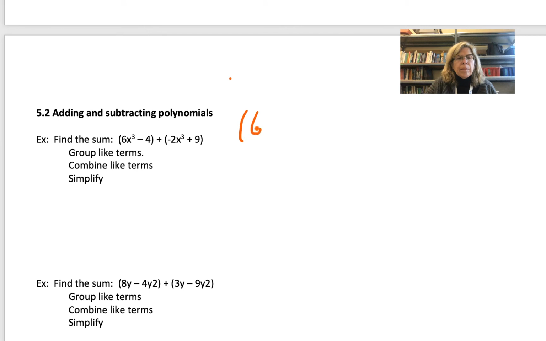So we'll put 6x cubed, and this is a plus minus 2x cubed. And then we're going to do plus, because that's what's going on here. So we have a minus 4 and a plus 9. So now I've grouped the x cubes together, and I've grouped the constants together. And so we combine the like terms, which is 6x cubed minus 2x cubed gives me 4x cubed.